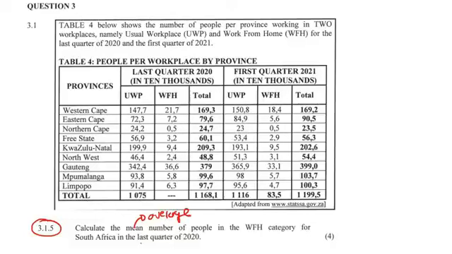Now be careful, in the last quarter of 2020. So we are going to look at the average of all of these numbers over here, because they said WFH, last quarter 2020, and the whole of South Africa. So what you do to find the mean is you add up all of those numbers.